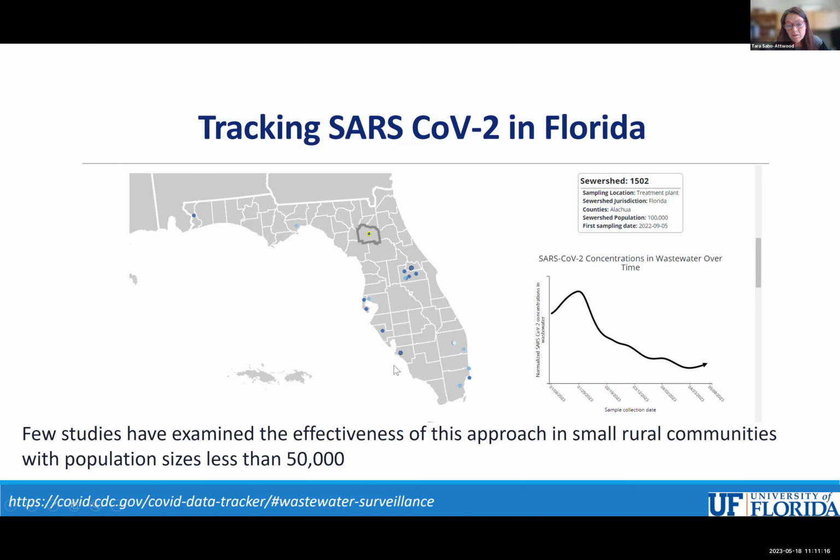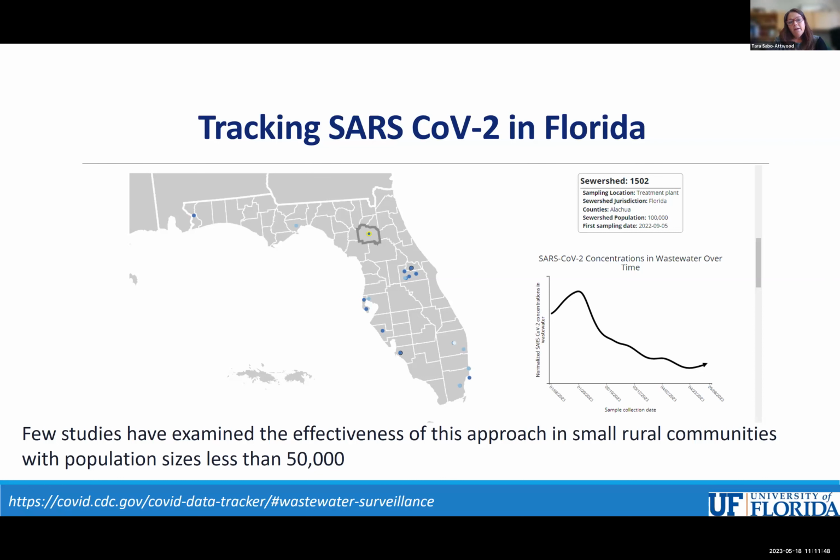You can see all of these blue dots are regions of Florida that are submitting wastewater data to this national dashboard. And it attempts to give updated information on what the SARS levels are doing over time. So here's a snapshot of January 2023 of this year through May, and you can see that the levels of SARS in wastewater are continuing to decrease, which is really not unexpected based on where we are in the pandemic.